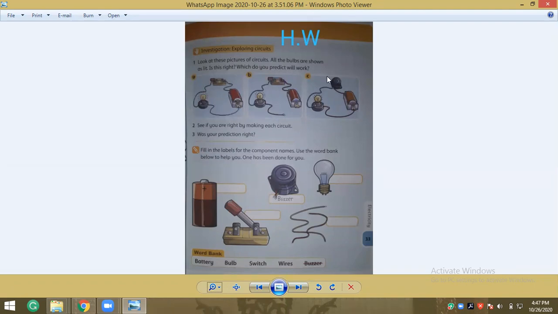You must check and make a circle. This is good and this is not good. Make a cross and tick, or make a circle, and send it to me. Then you will write here the names. Like here you can see a battery. Choose the battery and write. This is switch. Buzzer is written. Bulb. Wires. Choose the words from the word bank and write their names and send them to me.